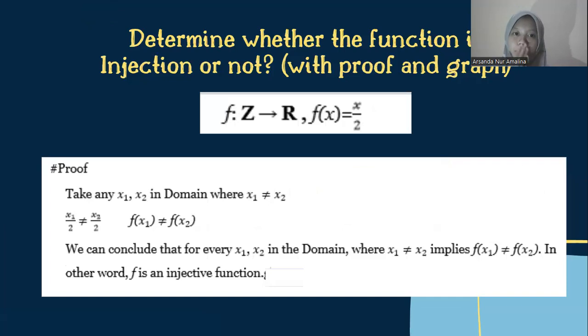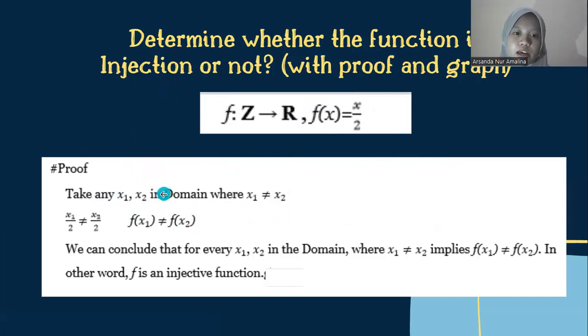Next, we are going to prove whether this function is an injective function or not. First of all, take any x1 and x2 in the domain where x1 is not equal to x2. Here we use the contrapositive to prove whether the function is an injection or not.